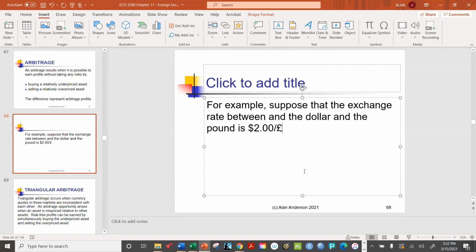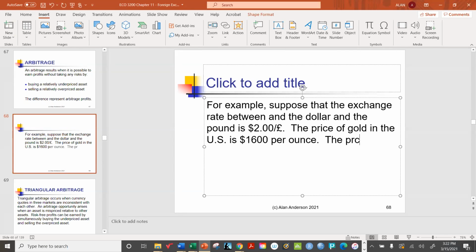Now, we also find out the price of gold in the US is, let's say, $1,600 per ounce. The price of gold in the UK is, let's say, 700 pounds per ounce.